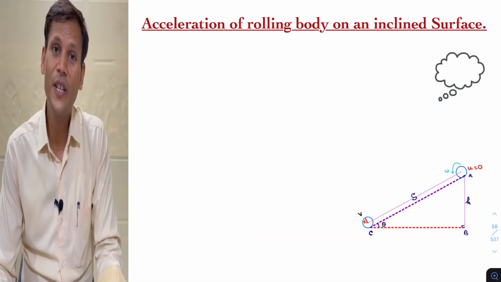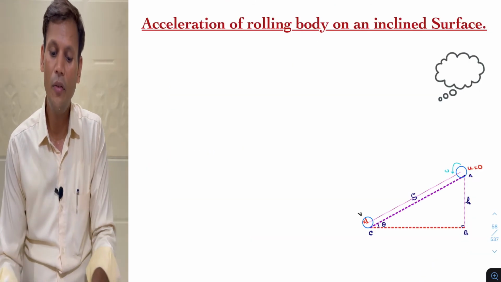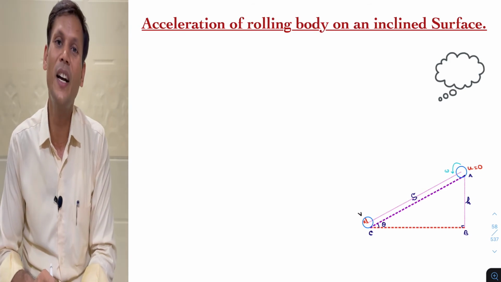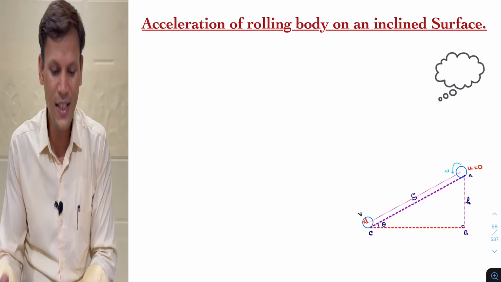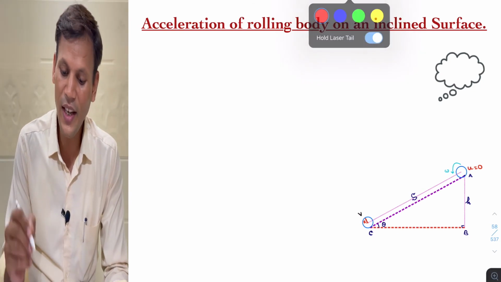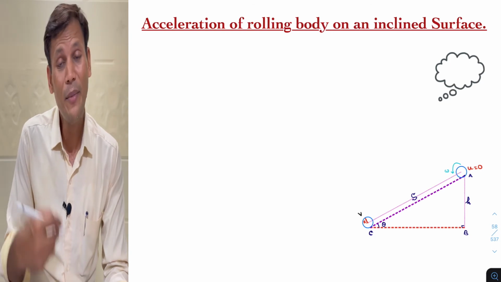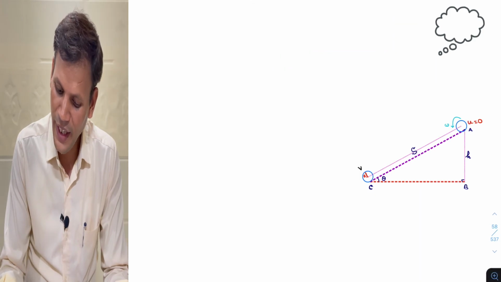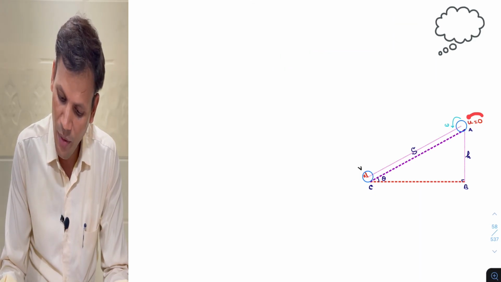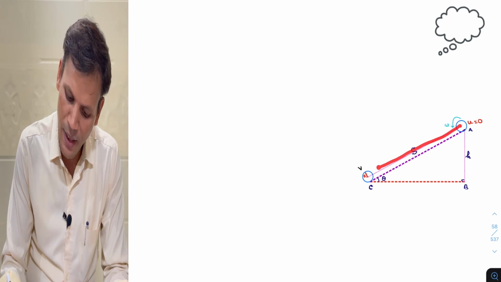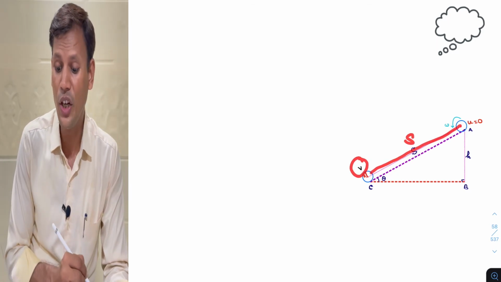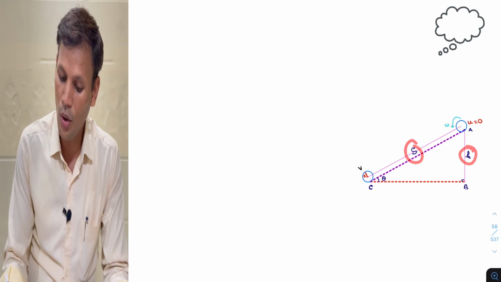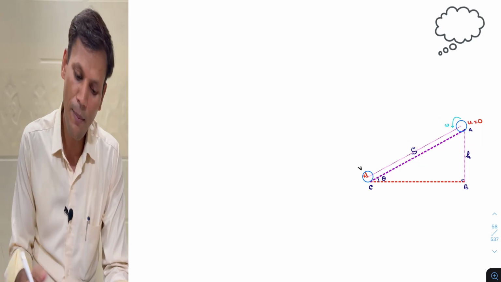Now we will derive the expression for the acceleration of a rolling body on an inclined surface. So already we have derived the formula for velocity, now we need acceleration. So what do we do for acceleration? Already we have found the velocity. So as we can say, for finding acceleration, what do we know? Initial velocity we know, displacement we know, velocity we know, angular velocity we know, h we know, s we know, theta we know, so we can apply the concept.